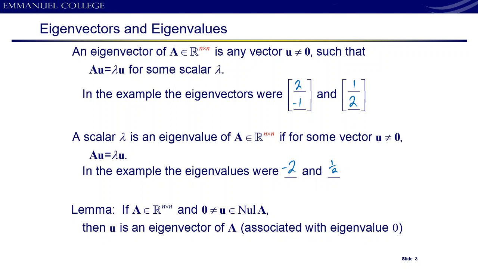There's a lemma that says if A is a square matrix and u, which is not equal to 0, is in the null space, then u is an eigenvector of A associated with the eigenvalue 0. That makes sense though.